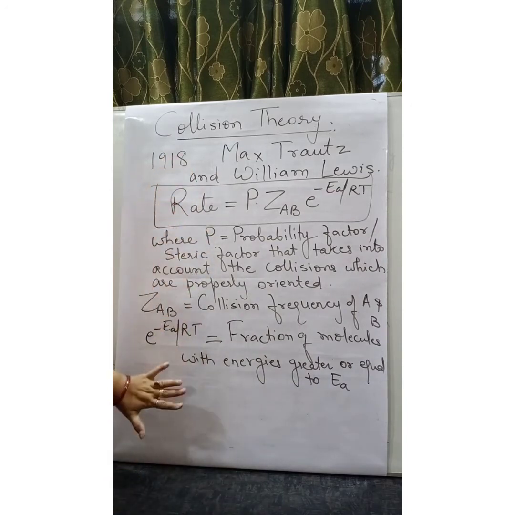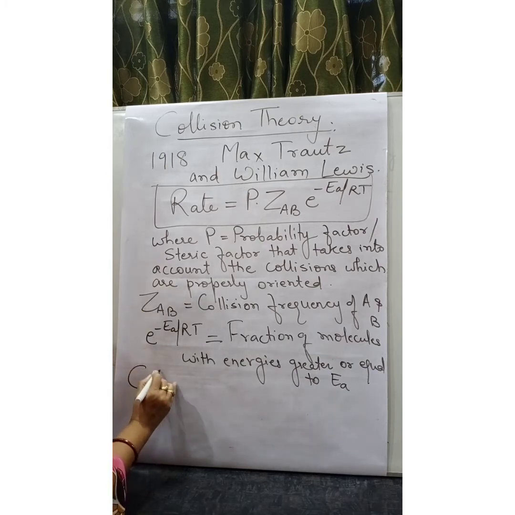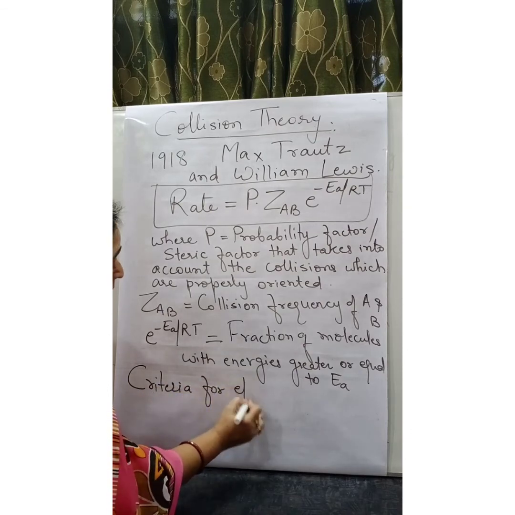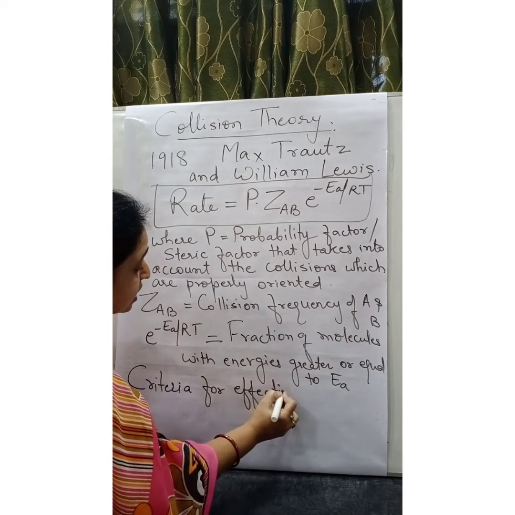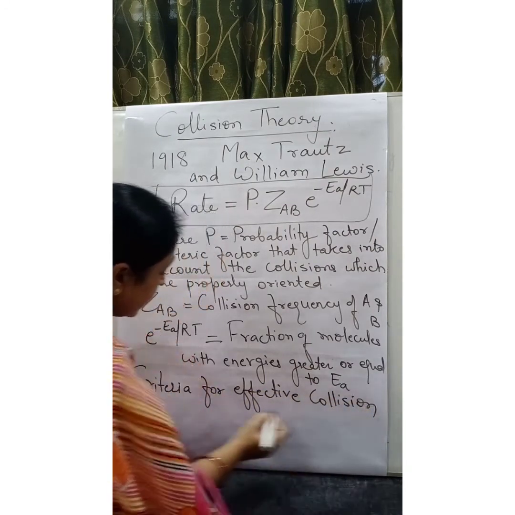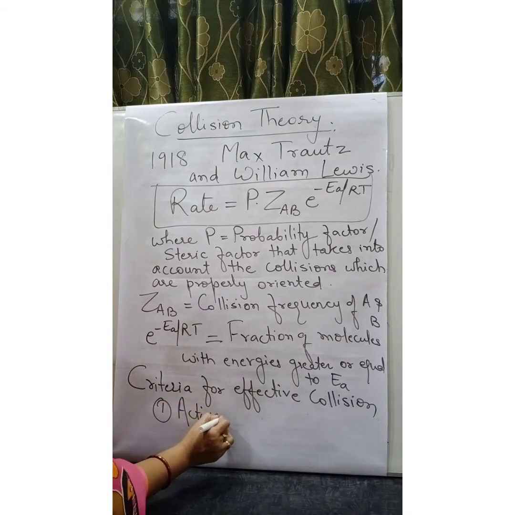On the basis of this expression, it was visible clearly that when temperature increases, the rate of reaction increases. Now the criteria for effective collision, very important. When can we say that the collision is effective? First, activation energy.